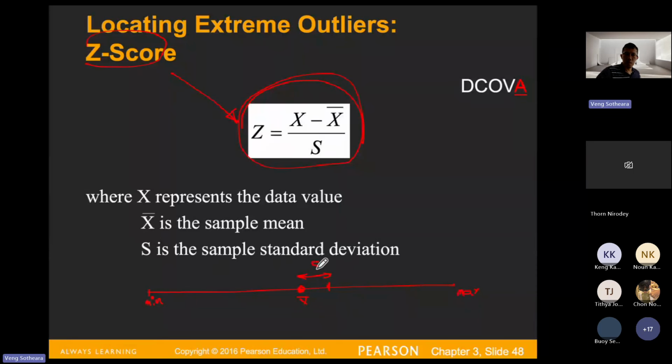So sometimes you want to know if a particular value is how many standard deviations away from the center. So suppose the center is here. If a value is three standard deviations from the center, this is 3s. If this x is 3 units away from the center, it is considered as far, right?